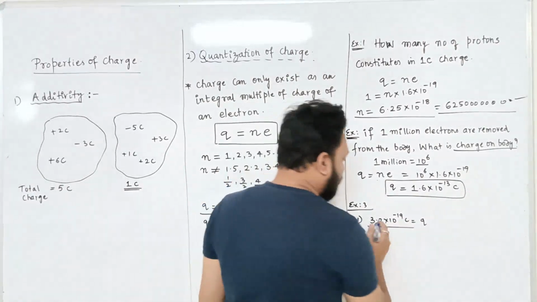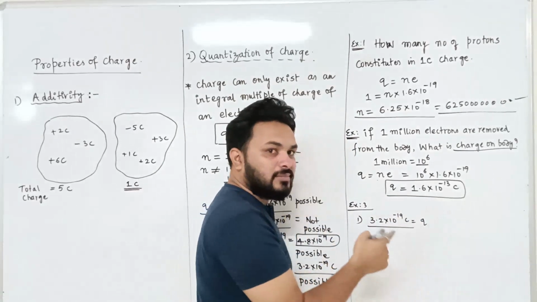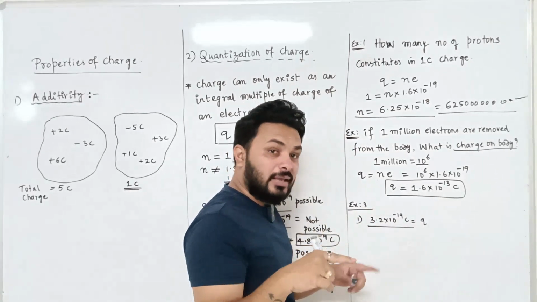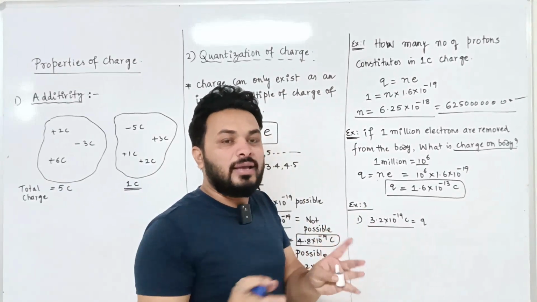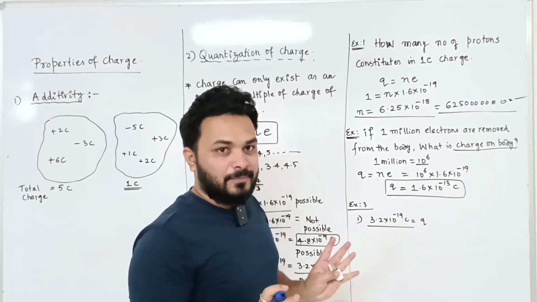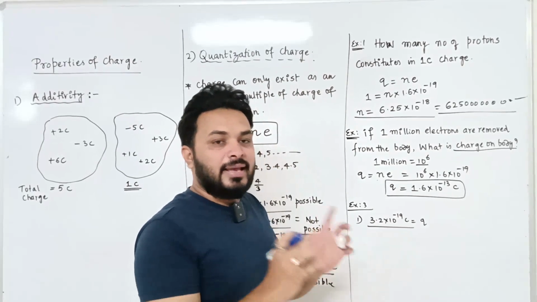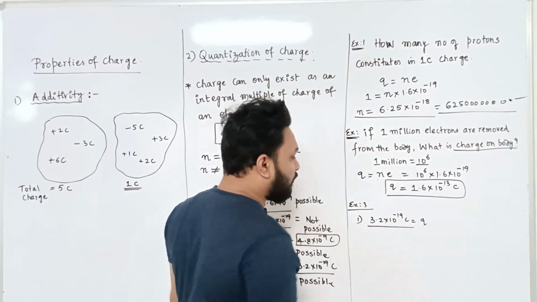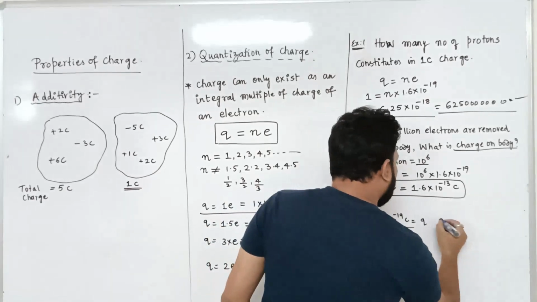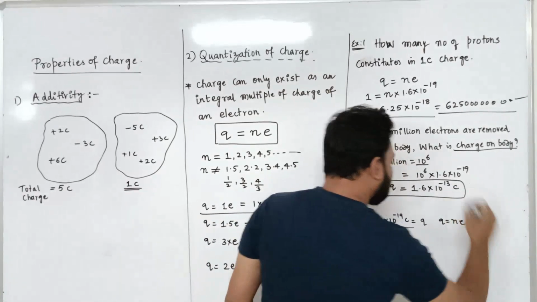To find out, we have to get n value in terms of 1, 2, 3, 4. It can never be 1.2, 1.5. If we are getting 1.2, 1.5, 2.5, this charge will not exist. If we are getting integer values, then we can say that this charge will exist.